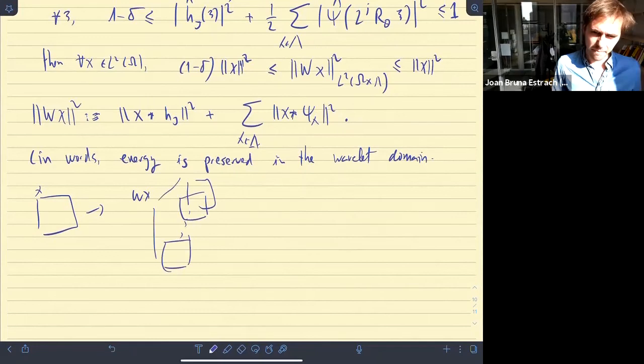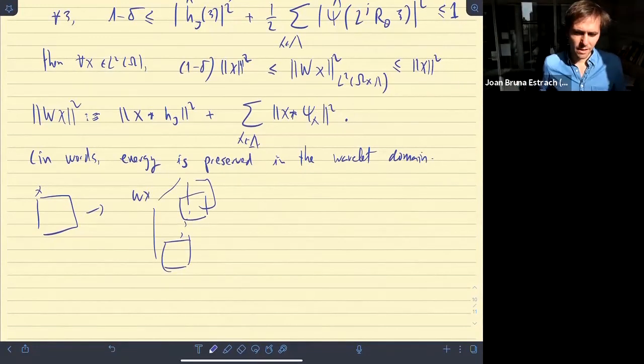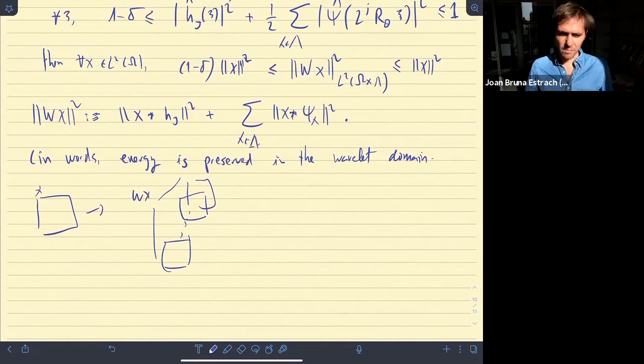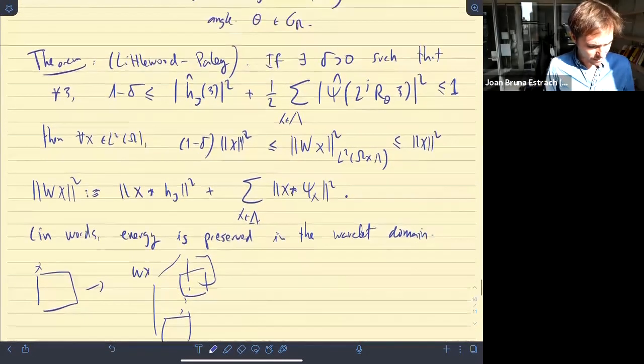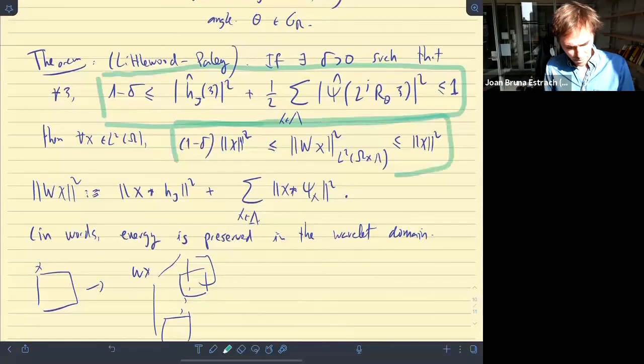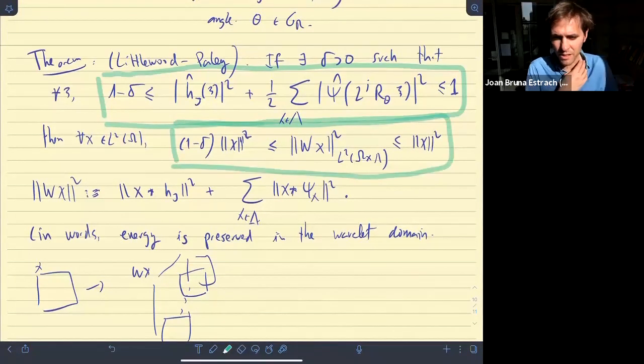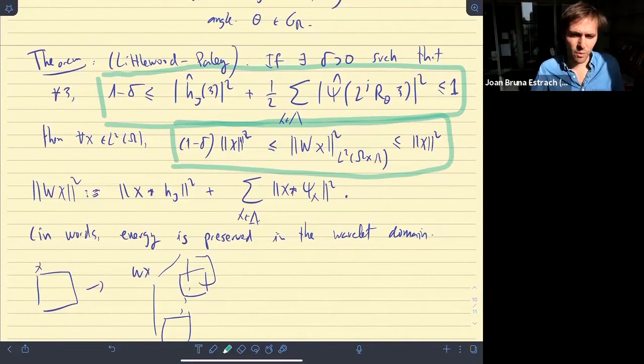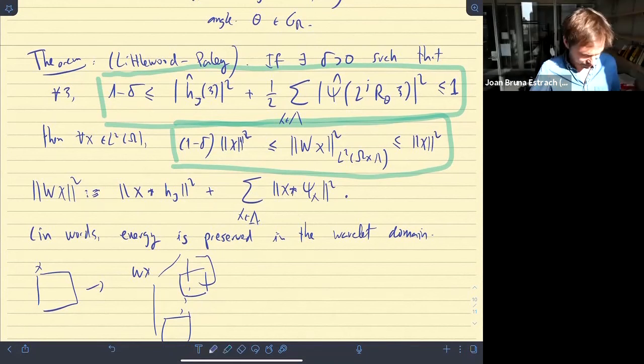It's this filter bank. So intuitively, you are creating a lot of redundancy. There are many coefficients that you are creating, and so it's to be expected that you can reconstruct. But here, basically, what it means in this equation is that we can actually reconstruct in a way that is stable, right? If you think in terms of a linear transform, this is basically just saying that as a linear operator, the singular values of this linear operator are well conditioned. They're all between 1 minus delta and 1.